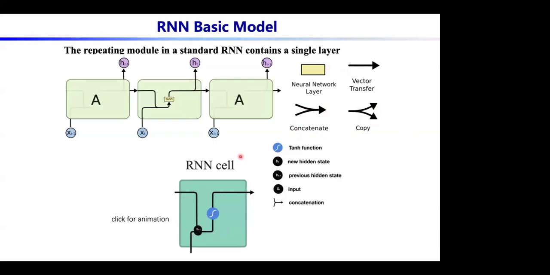Even the nodes have some kind of definition, depending on whether it is a nonlinear function. There are some other operations for the state and for the input, and so on. Okay.